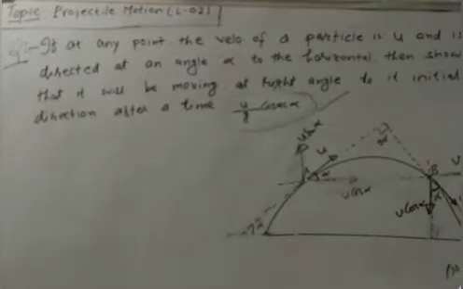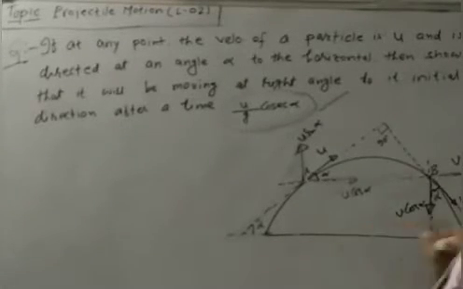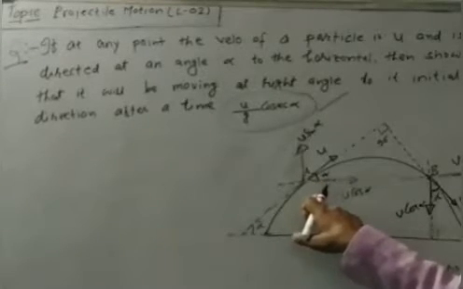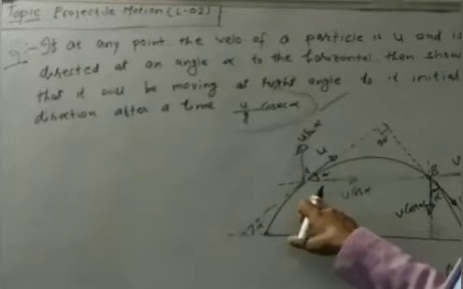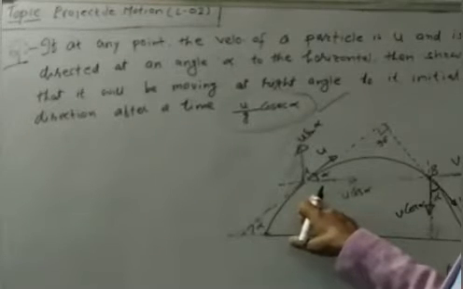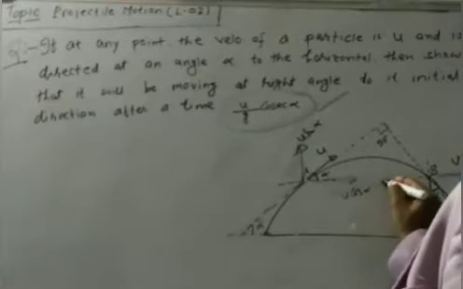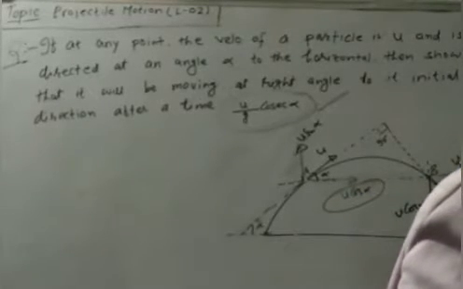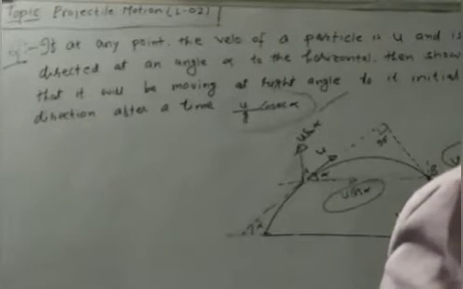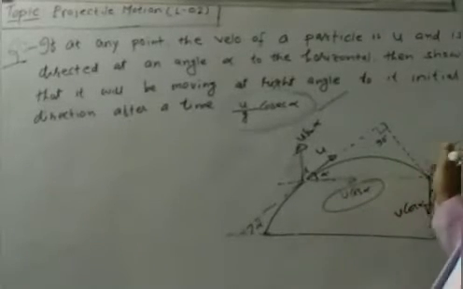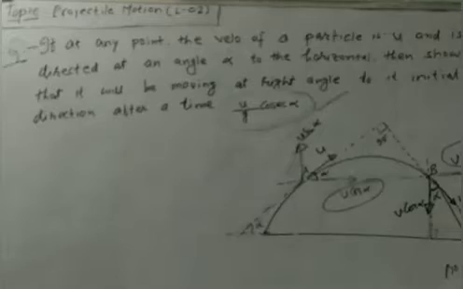We know for ground level projectile motion, the horizontal component must be equal, that is constant, throughout the whole path. If here it is u cos alpha and here it is v sin alpha, and both are horizontal components, so these two components must be equal. Okay dear.